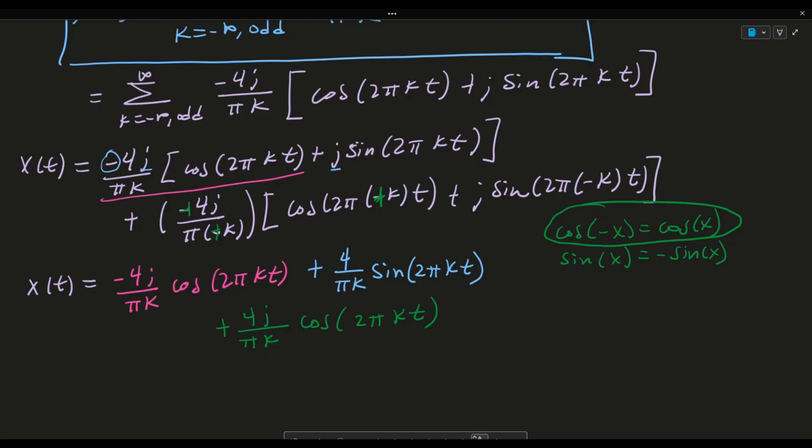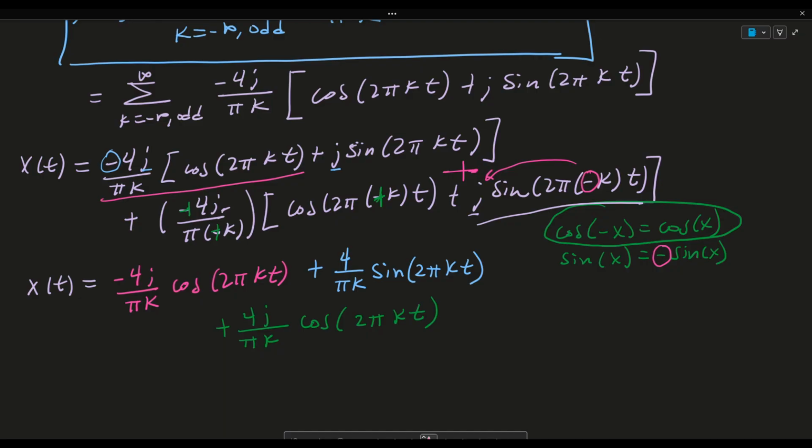All right. And then last but not least, the last term here, this j and this j make a negative. But then this negative here comes out to be a negative. So again, right here, I get a negative times a negative, so it becomes a positive.